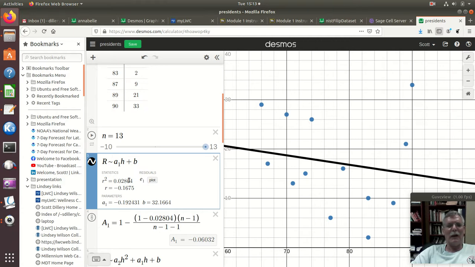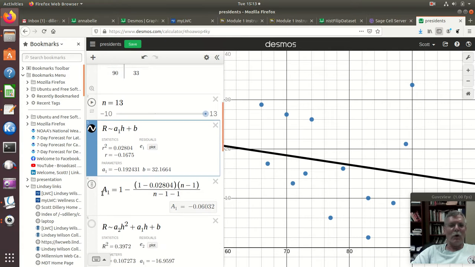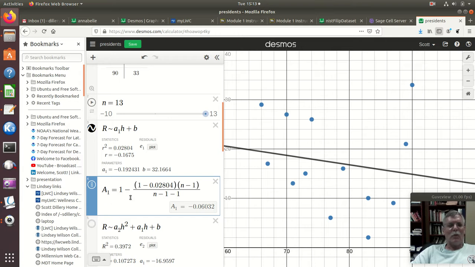So I can get that, and then here I'm calculating the adjusted r squared. Now here's an interesting situation. Notice how low this r squared is, right? It's 0.028, so about 3%. As you look at the data, yeah, these data are far flung from this line.